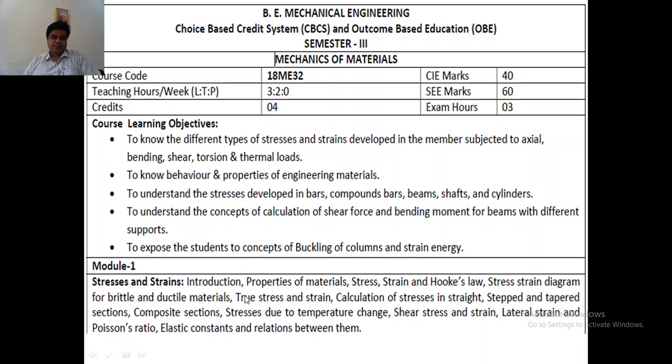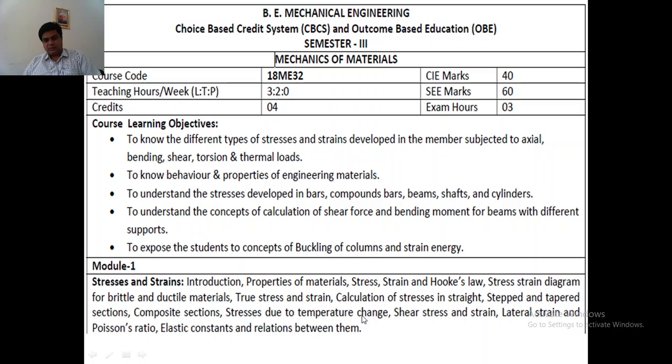In this module, a lot of new concepts will be involved, like the properties of materials. Then you should define stress and strain. We should look at some theorems, Hooke's law, and learn how to draw a stress-strain diagram for different materials.